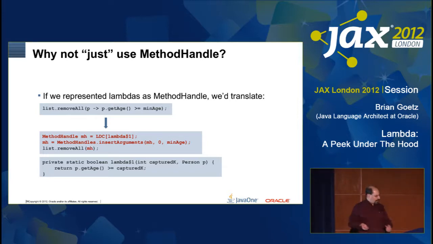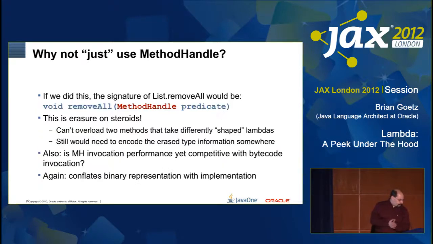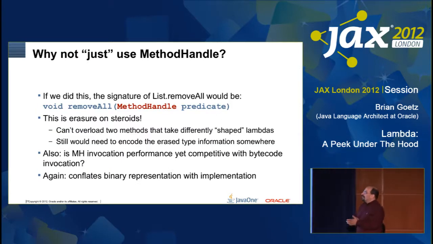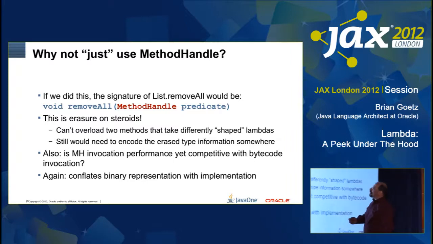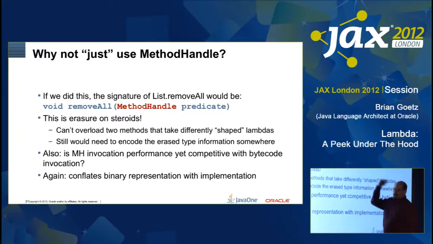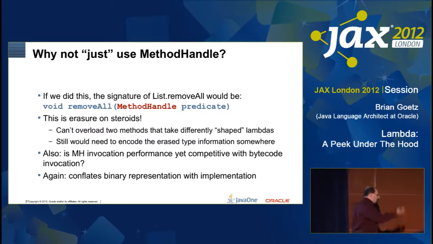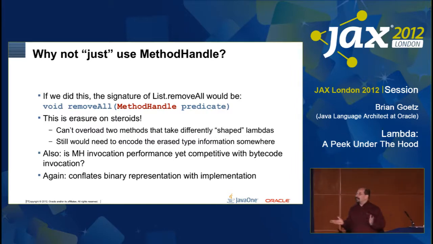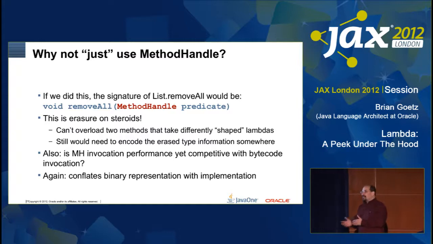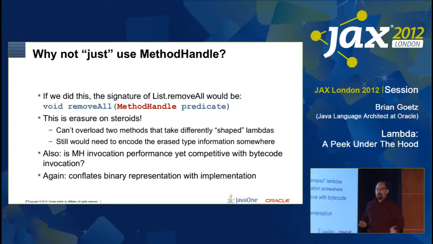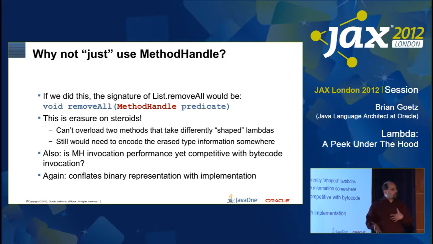So why didn't we do that? Well, if we did, the VM representation of removeAll would be, I take a method handle. Method handles are untyped. They're actually strongly dynamically typed, but they're completely untyped statically. So this is taking erasure, which is already a problem in Java, but a problem that we mostly can work around, and making it much, much worse.